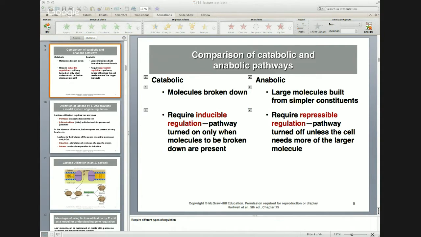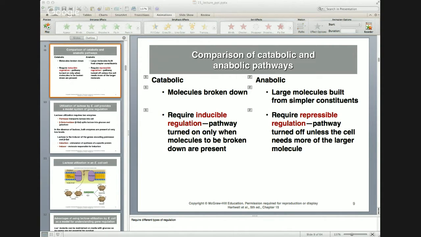Permease forms a passageway via which lactose can cross the membrane. Imagine a bacterial cell in media that contains lactose. In order to use lactose, it has to cross the membrane and get inside the cell, and it passes through the membrane via permease.